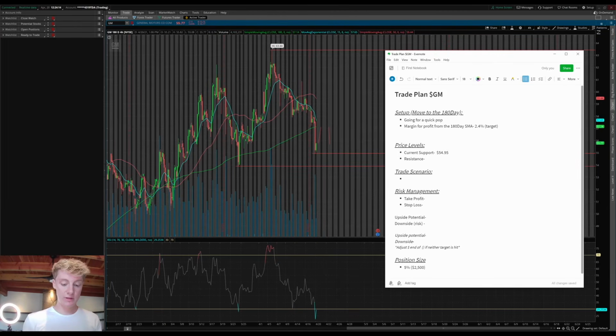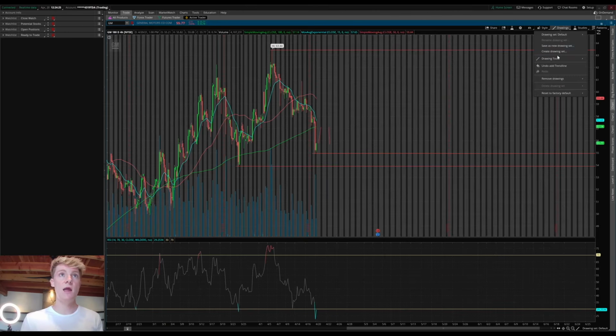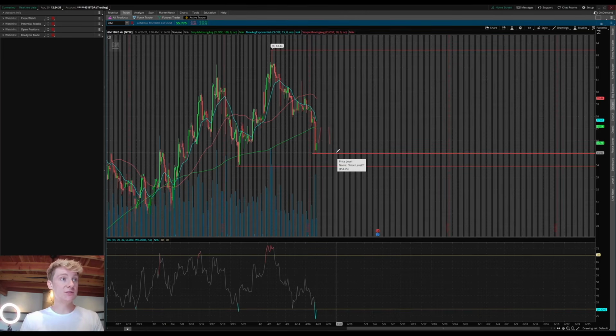Now, how I like to format this is, I'm going to calculate how far of a move we have to our support below that. I'm trying to get an idea of our levels. When I start trying to plan this trade, I have to know our upside potential and our downside potential. So I'm going to get those numbers by calculating the percentages between different levels.